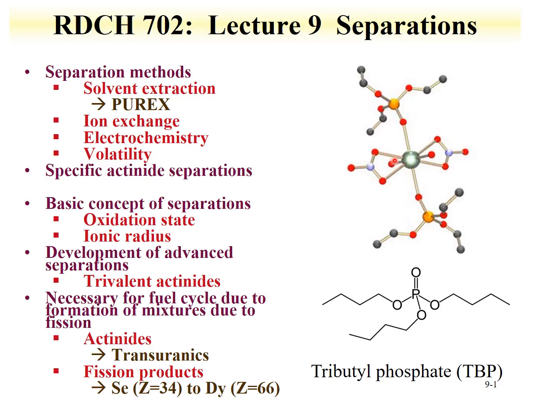So this shows the extracted species being 2 nitrates, the oxygen actinide metal, and 2 tributyl, or excuse me, in this case, triethyl phosphates. This structure was found, and not only is the stoichiometry, of course, similar to the extraction of tributyl phosphate, but the structure around the metal ion is particularly similar.